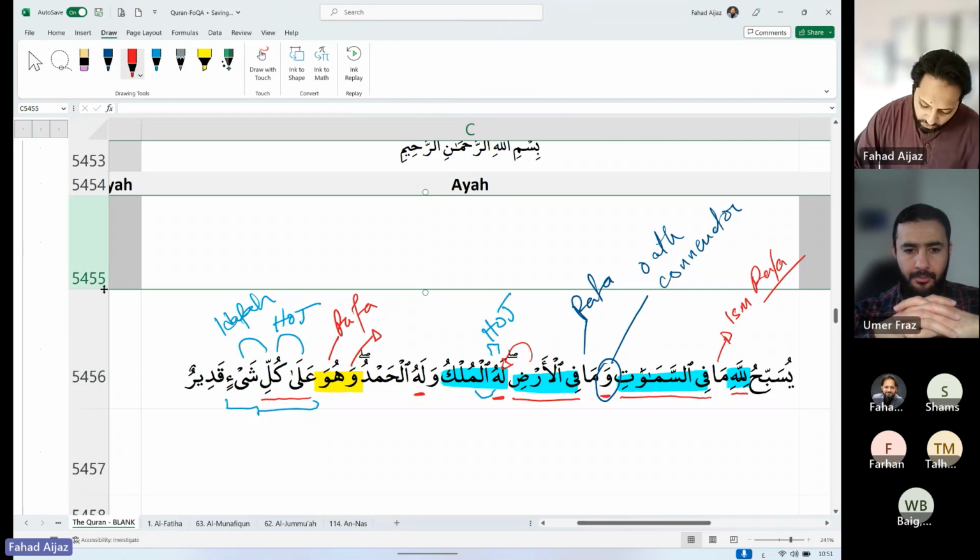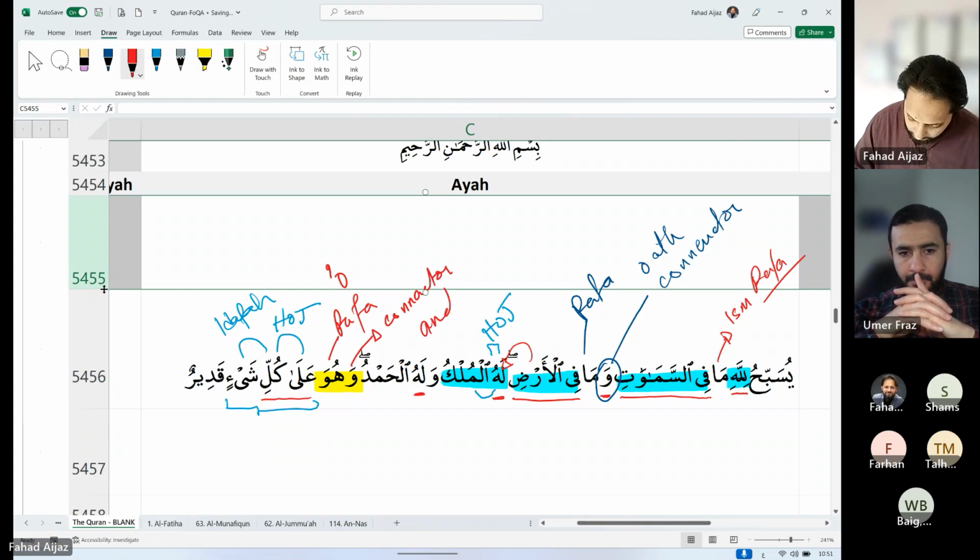It should have been hu instead of huwa, which is not the case. So this is a connector waw. It's 'and'. So whenever you look at the waw, look at the next ism. If it is jar, then it's a jar majroor waw, an oath. Allah is taking some sort of oath. Otherwise, it's a normal connector waw or any other form of waw that you have not learned.